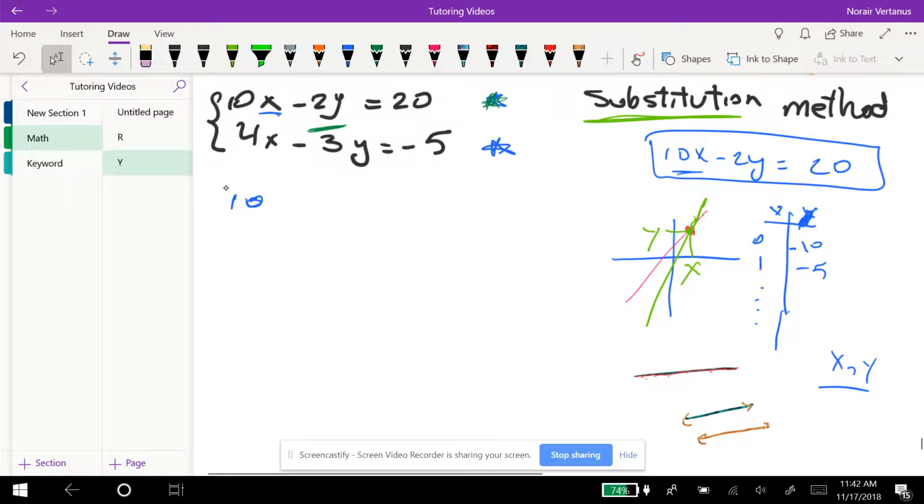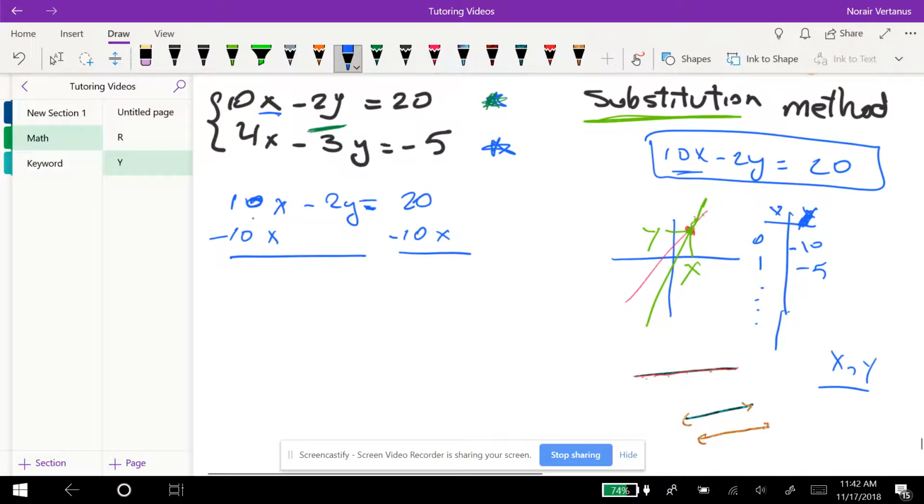I'm going to write the equation neatly and follow the steps exactly. Don't skip the steps because that's prone to errors. 10x minus 2y equal to 20. To solve for y, I have to get rid of this part of the equation by moving it to the right side. I'm going to move it by subtracting 10x from both sides.